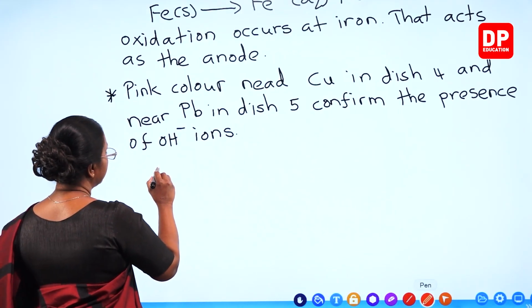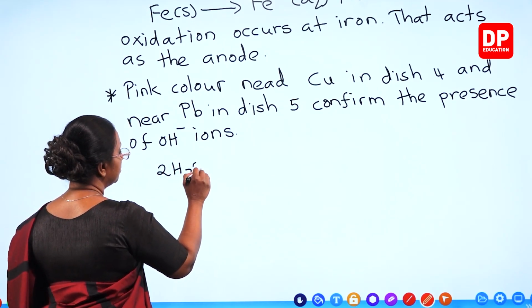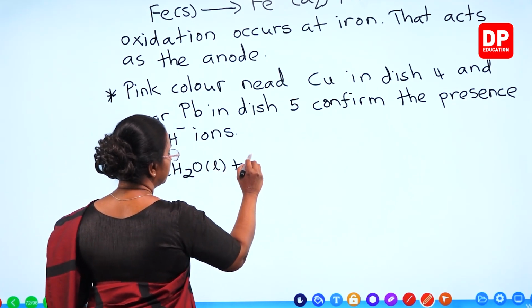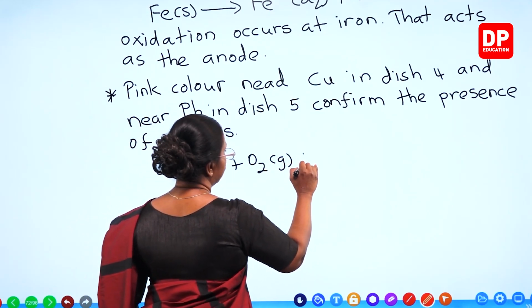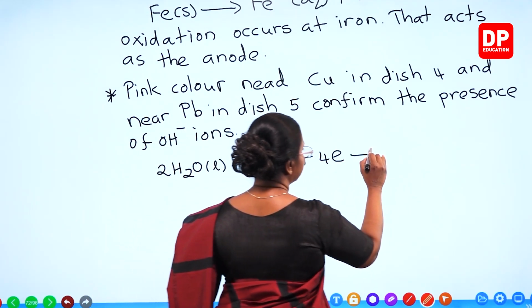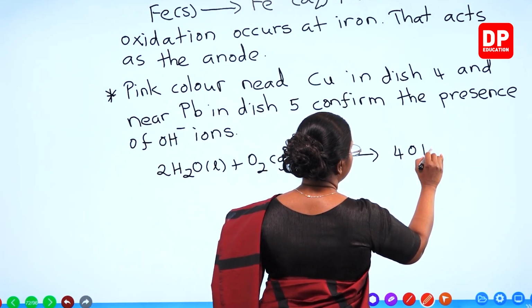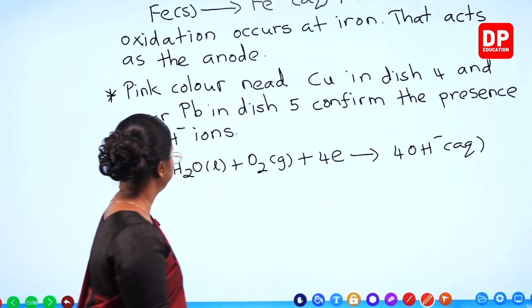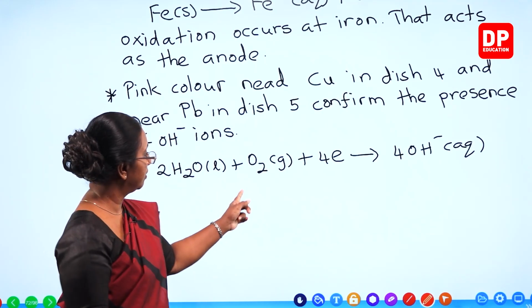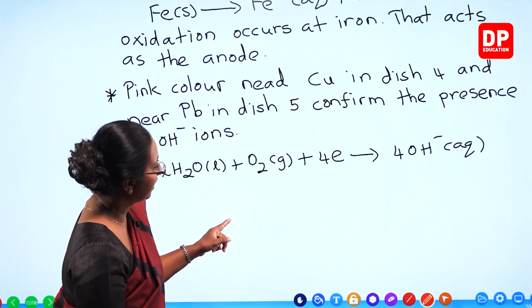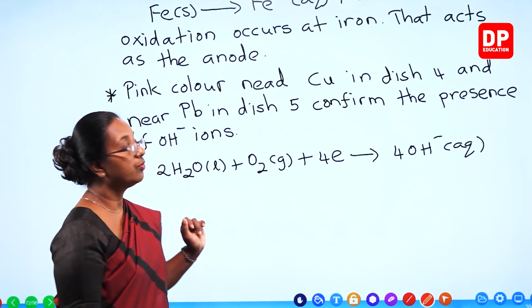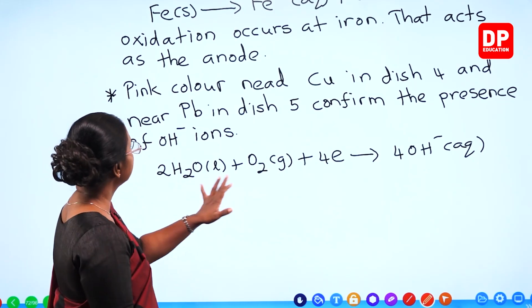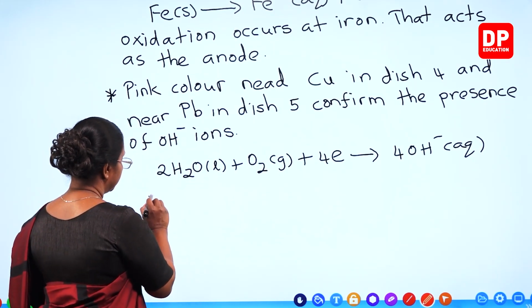You can remember the equation 2H2O plus O2 gas plus 4 electrons giving rise to 4OH minus ions. That is the reduction reaction.